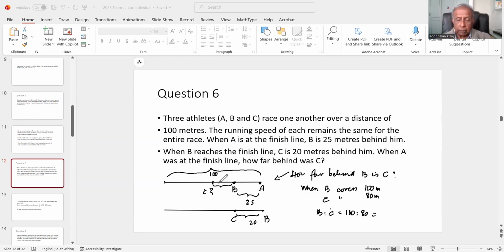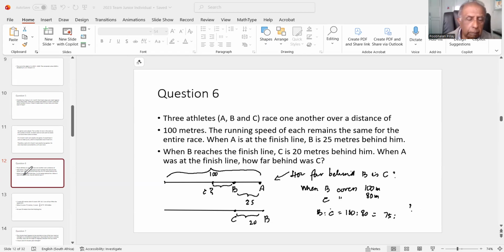And then you want to know when B is covering 80, because at this point here, oh, I'm sorry, it's 75. So you want to know when B covers 75 meters, what is C? No, actually it's 75 here.